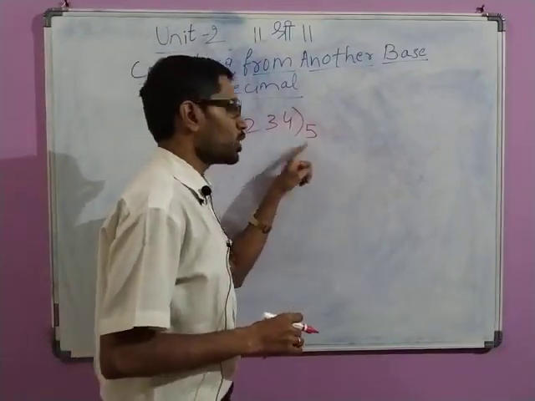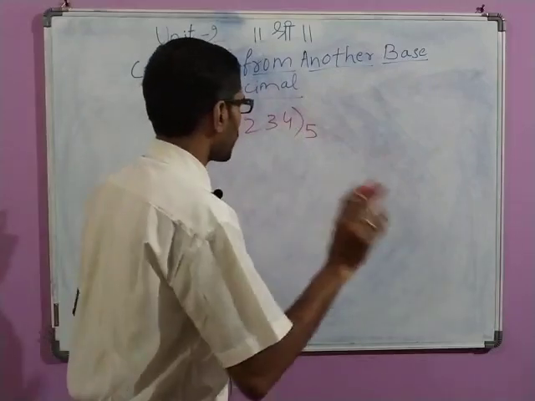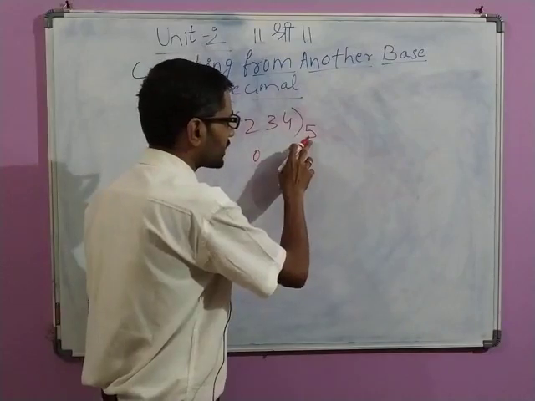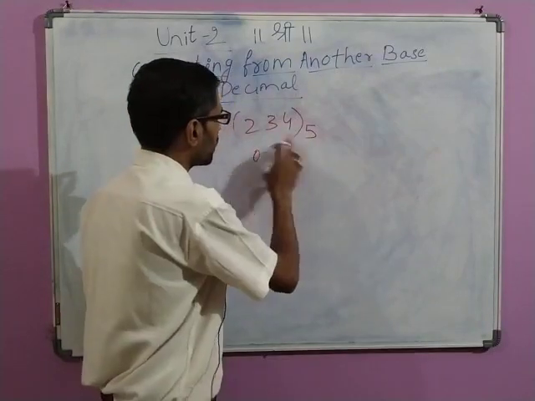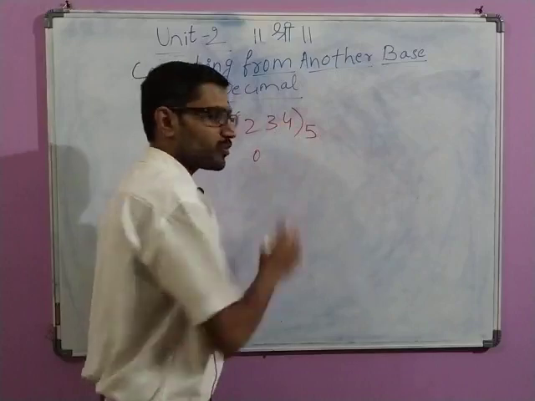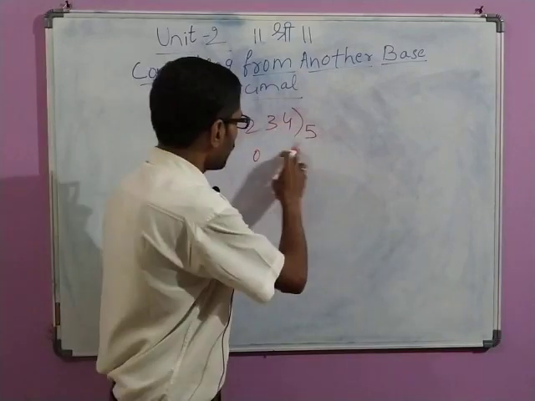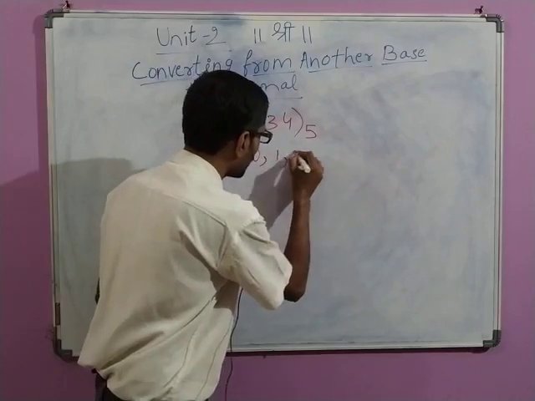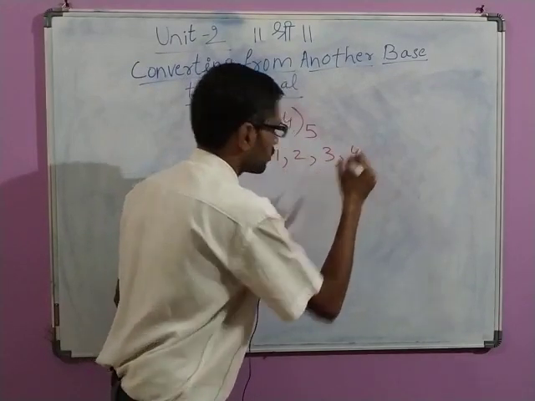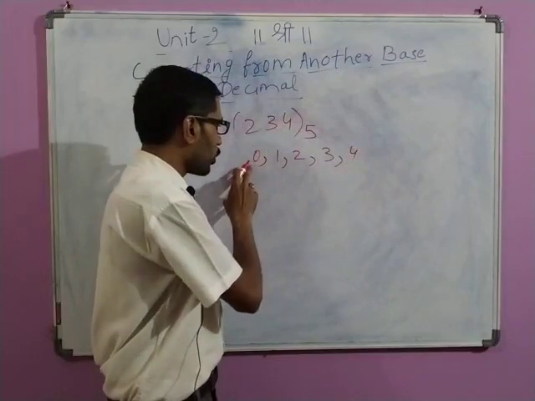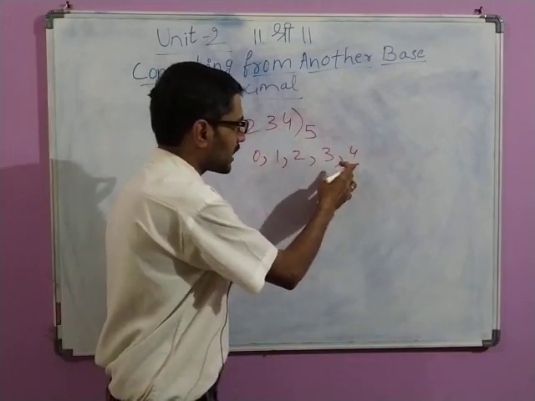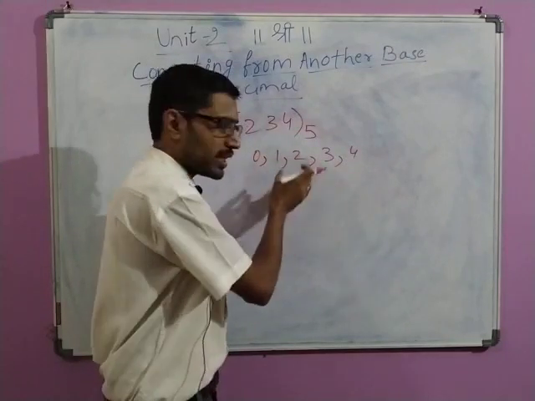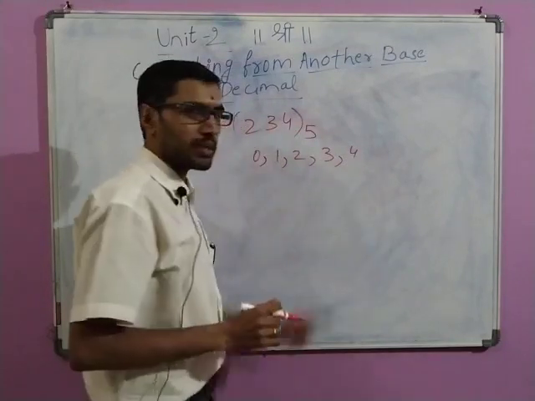Whenever we have a base, the smallest digit will always start with 0 and the largest digit will be 1 less than the base. So if I say this number belongs to base 5, it is valid, because the digits present in base 5 are 0, 1, 2, 3, 4. I can use combinations of these digits to form a number with base 5.